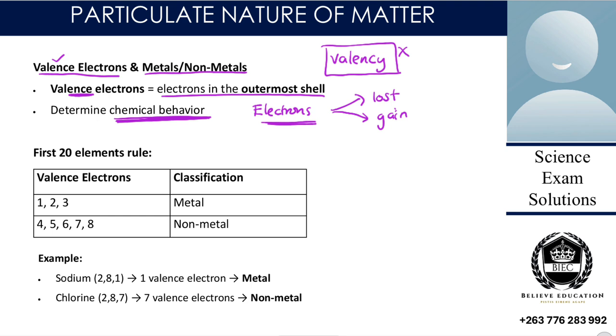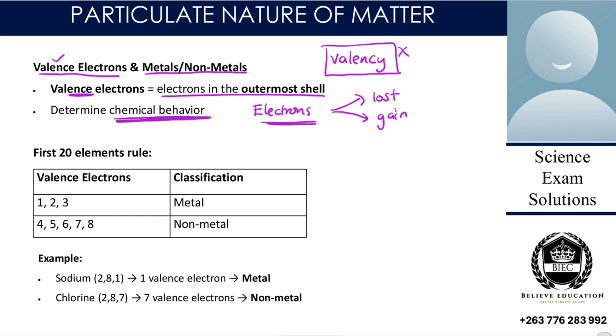In our atoms. If atoms portray a chemical behavior, a chemical reaction, they are trying to tell you about the movement of electrons: whether they will give away, take, or share.